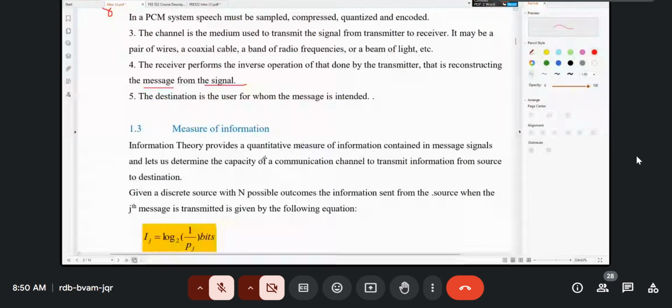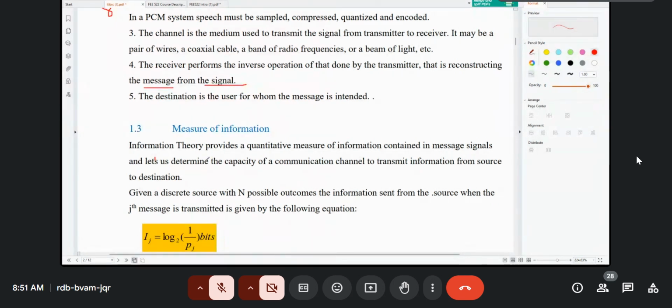So, let's look at the measure of information. Information theory, what we are looking at, provides a quantitative measure of information contained in a message signal and lets us determine the capacity of a communication channel to transmit information from source to destination.